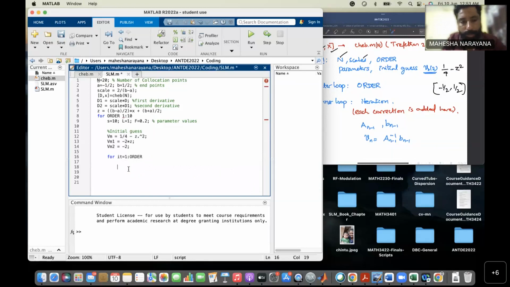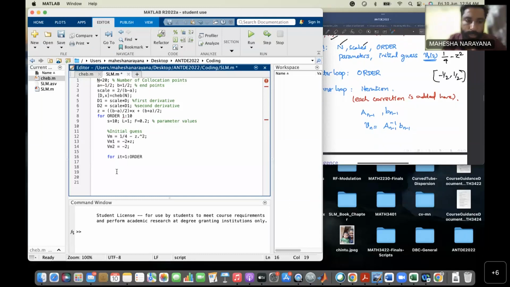What is A now? The A matrix, AN minus 1. So A equals to D2, the second order derivative, multiplied with lambda, right? So L star D2 minus AN minus 1.